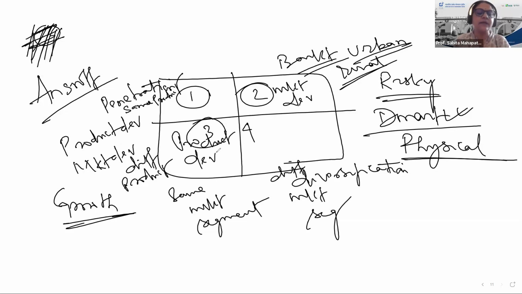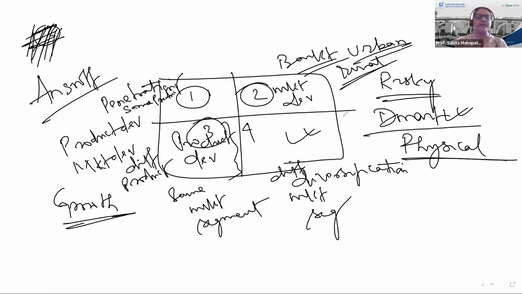Let's say initially Paper Boat was selling products with a particular fruit juice. Now it has extended the variant, the flavor, different types of fruit, to the same market. So product development, meaning you are coming with a new product. What is diversification? Product is new, market new. So you go to a new category.